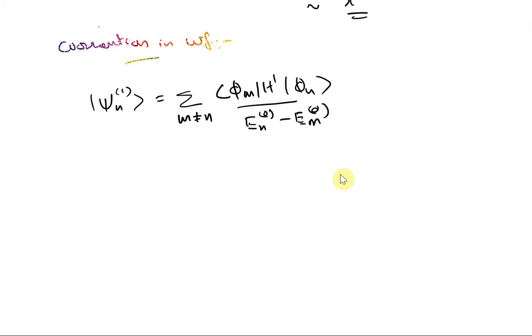So the first thing is that it's not exactly the same component that we have done before. In the previous case, when we did the correction of energy, we had both phi n, and we had some easy way of doing that. But in this case, we have to find out which terms are going to contribute to the summation.